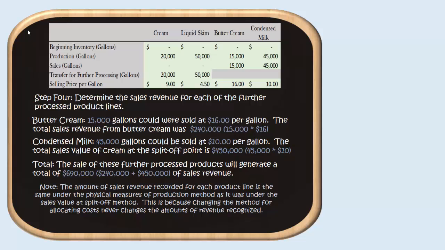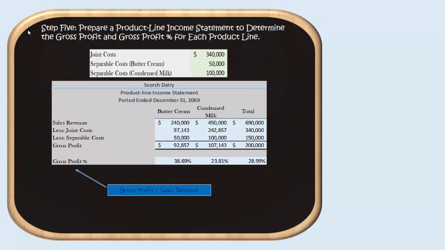That's $450,000. So in total, we generated $690,000 worth of revenue. And you may want to take note that this is the same exact amount we had under the sales value at split off method, because changing your method of cost allocation doesn't change the amount of revenue that you recognize.